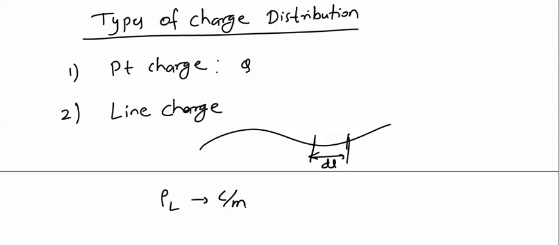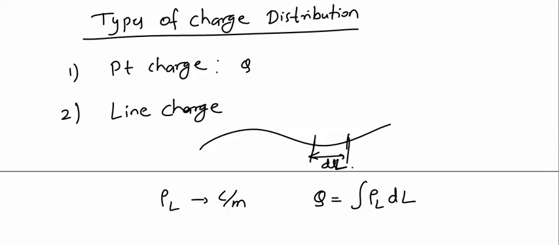And if I have to find the charge enclosed by this entire line charge, I'll multiply this with the length. Therefore the total charge in a line charge is given by integral rho L dl, where dl is a small length.